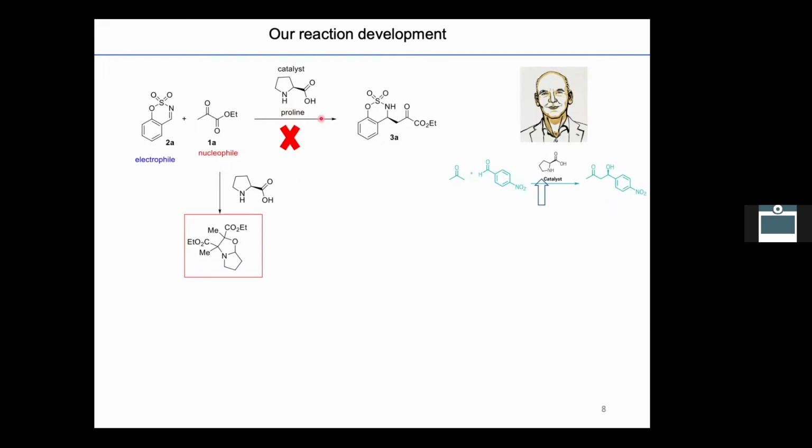We found out that our catalyst is reacting with the pyruvate to make this irreversible product, and that's why our catalyst is getting quenched. We hypothesized that because the carboxylic acid in the catalyst is in the alpha position, this product is possible. So maybe if we put the carboxylic acid at a distance, in the beta position, it might help avoid quenching of the catalyst by our ethyl pyruvate.